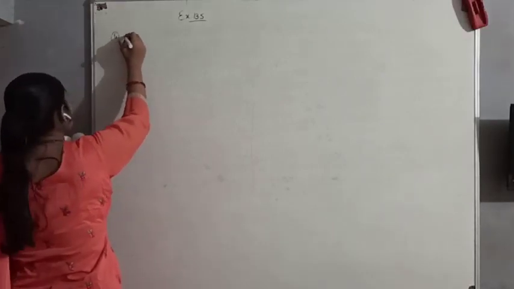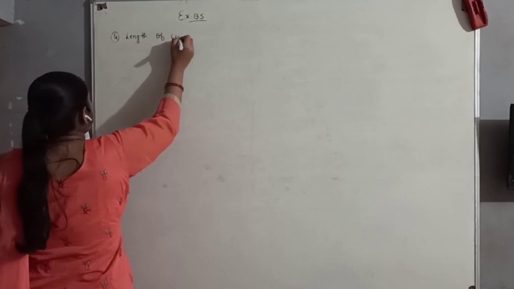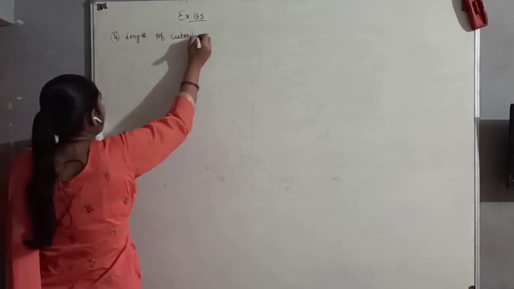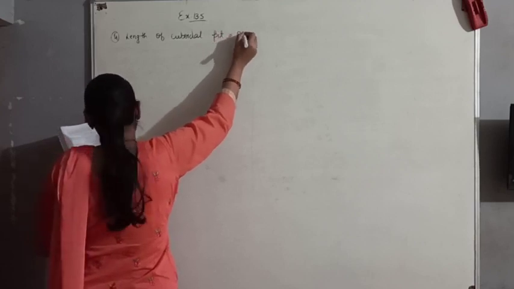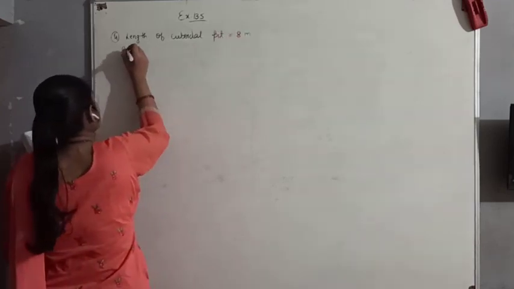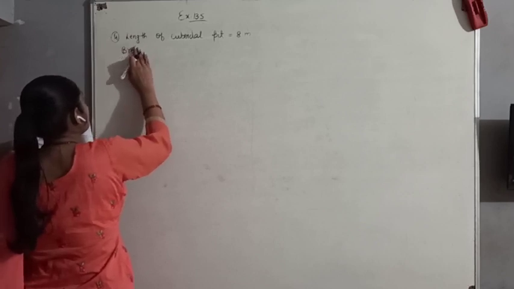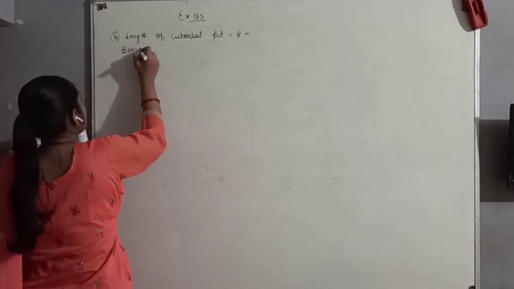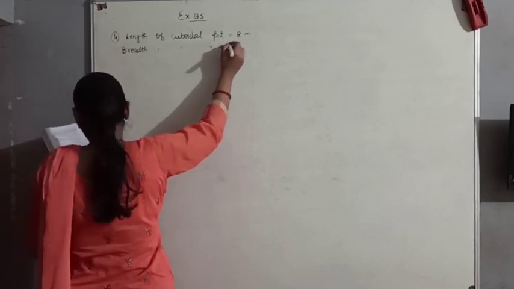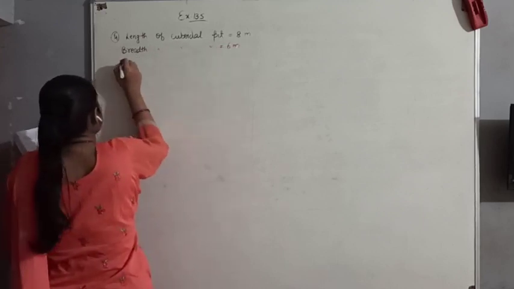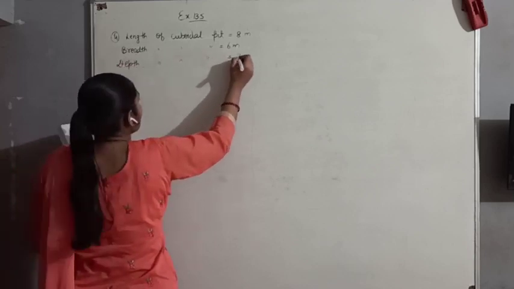Length of cuboidal pit. एक गड्ढा है, क्यूबोइडल शेप में है, इसकी लेंथ आपको गिवन है 8 मीटर, ब्रेड्थ that is equal to 6 meter and depth, or you can say height, that is equal to 3 meter.